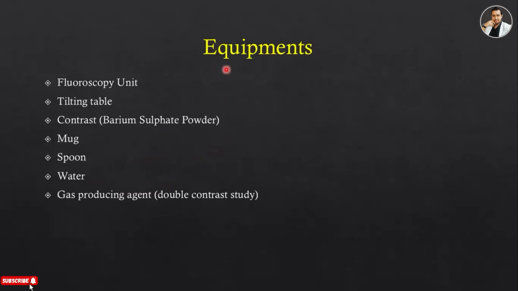So now let's see what equipment is needed for this procedure. First we need a fluoroscopy unit. That means we need an X-ray machine with a fluoroscopy unit, so that we can see live images of the GI tract, and when the contrast goes down, we can see it live in the fluoroscopy. And then a tilting table. That means the table can rotate to an angle. And obviously the contrast, and this time the contrast is a powder, a barium sulphate powder.